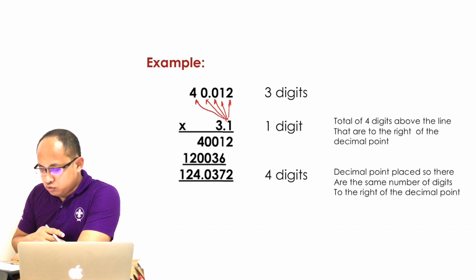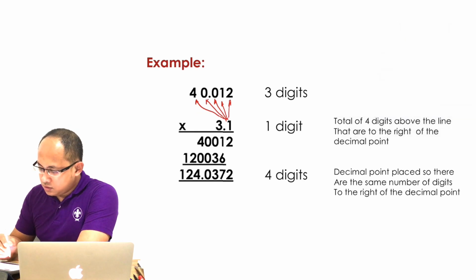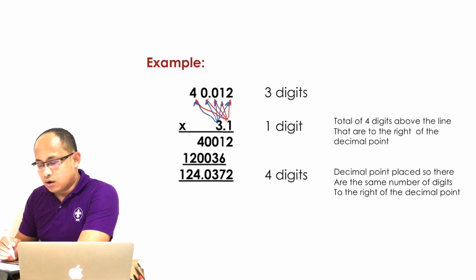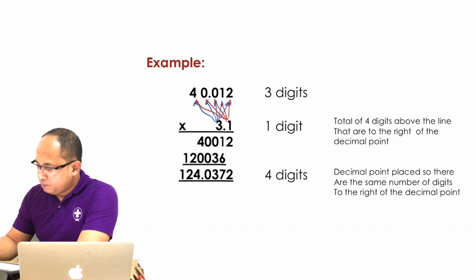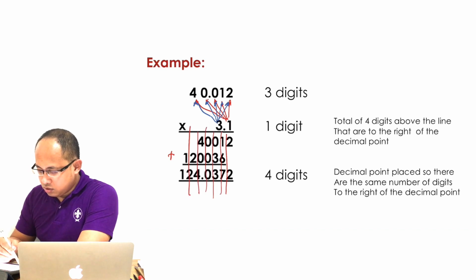Then we bring it down. Next is 3 times 2, 3 times 1, 3 times 0, 3 times 0, then 3 times 4. And after that, we add. Then we bring down all the numbers.